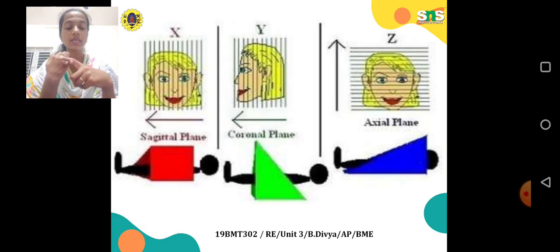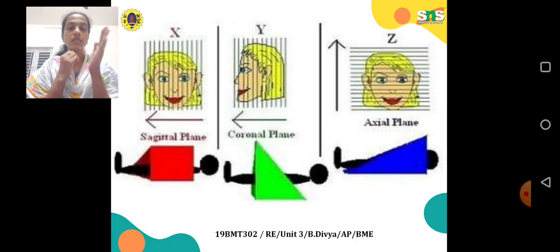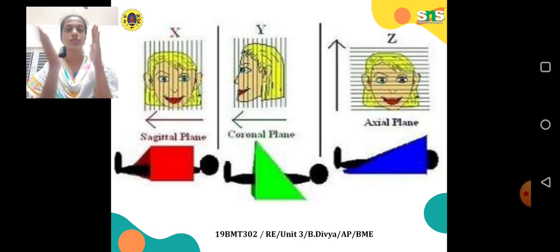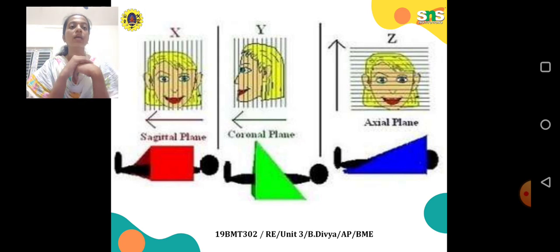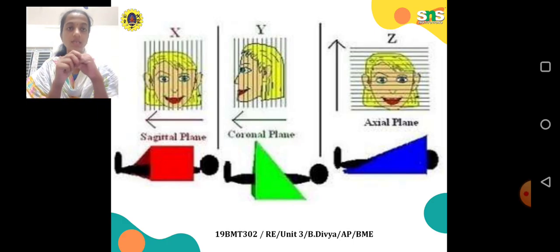So the X coil scans from right to left, the Y coil scans from top to bottom, that is patient up and down, and the Z coil scans from head to toe. These are the uses of the X, Y and Z coils.